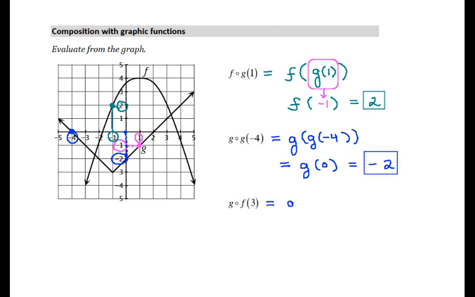And g of f of 3, again starting from the inside, here is 3, trace over to the function f, looks like we're getting this 2. Start over again at 2, trace to the function g. This appears to be an x-intercept of the function g, and therefore this is equal to 0.